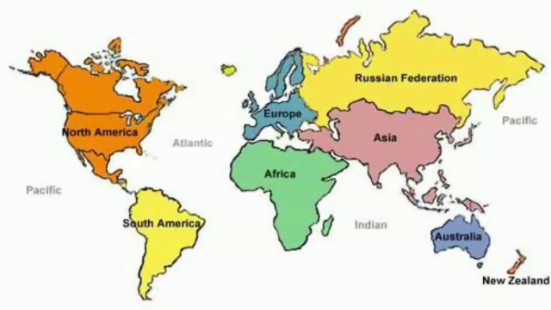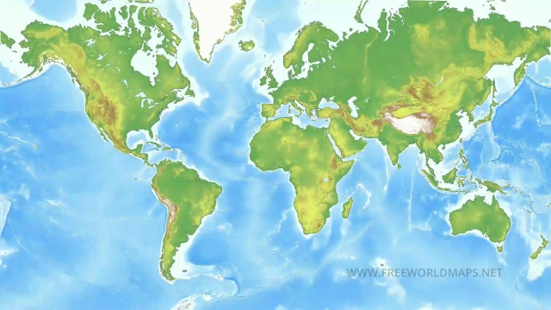Now we will move to physical maps. These maps show the landscape of a region such as mountains, rivers, plateaus, and deserts.